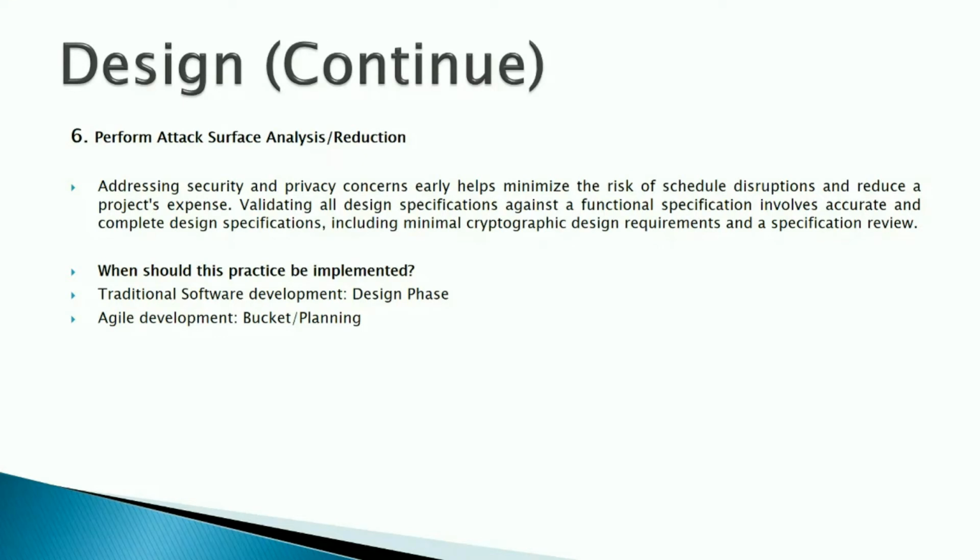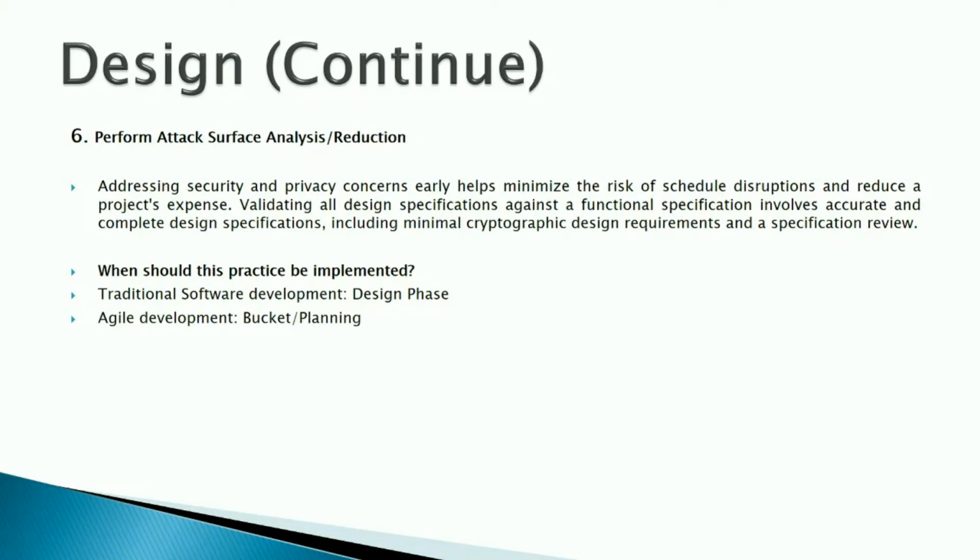The next phase is perform attack surface analysis reduction. Perform attack surface means every organization can have a security team who performs internal attacks to address whether the software they're designing is measuring up to the security threats or not.